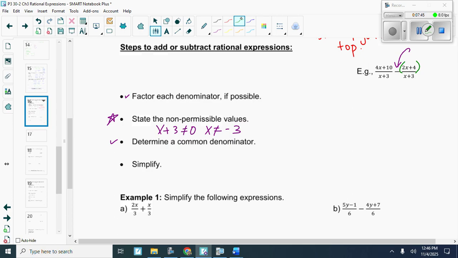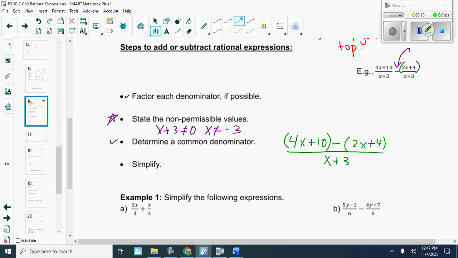When we simplify, we have 4x plus 10 subtract 2x plus 4 all over x plus 3. I'm taking the binomial that was on the first one, and rewriting this, subtract the binomial that was on the second one, all over my common denominator.